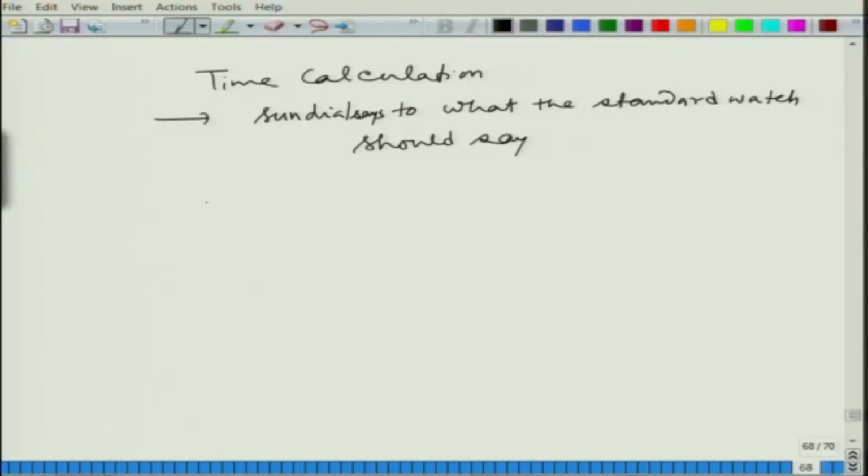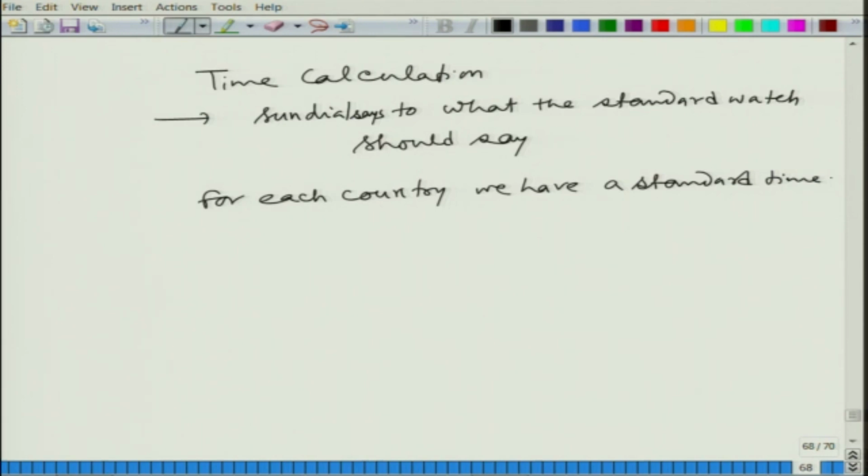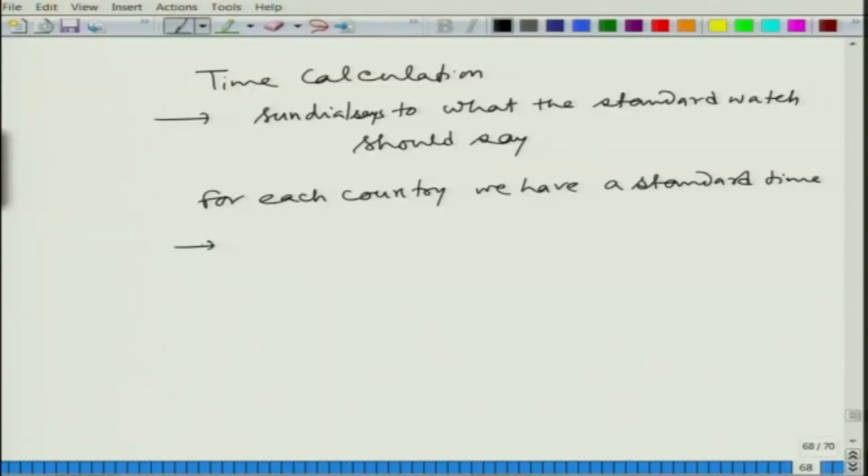Okay. So, one point I should tell you is that for each country we have a standard time, because a whole country should follow the same time, right. But if the country is very spread out in the east west direction, then it will be very difficult if you use the same time.